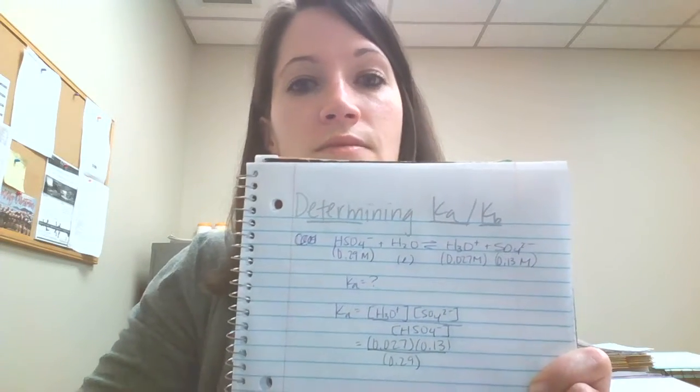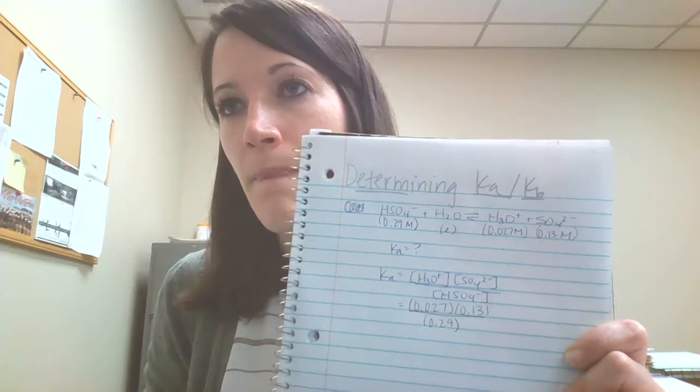And what I get is this. I have 0.027 times 0.13, and that gives me 0.00351 for my numerator.